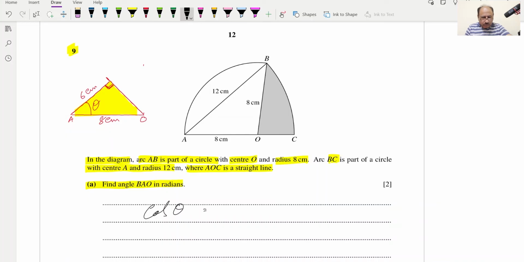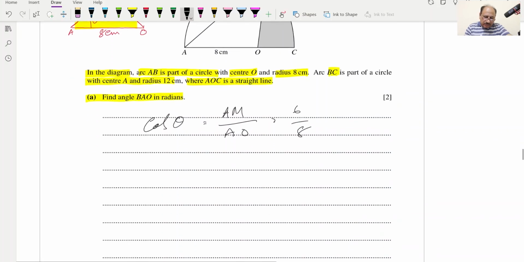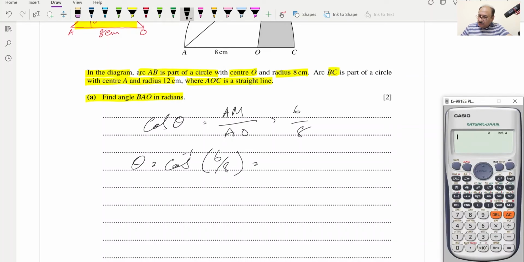If this is point M, cos theta is equal to AM over AO, which is equal to 6 over 8, and theta will be cos inverse of 6 over 8, which is shift cos of 6 over 8, equal to 0.7227.